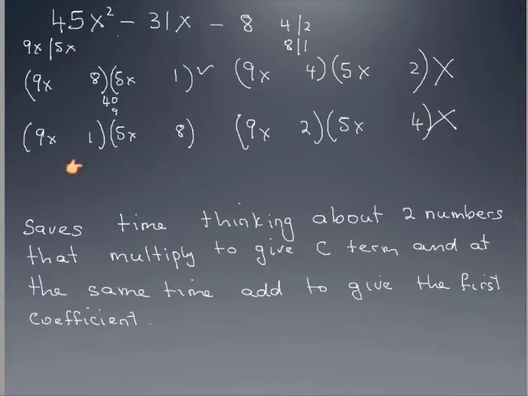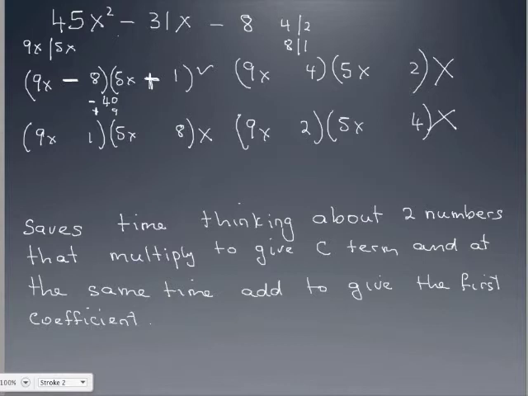I don't think I can possibly make 31 out of 5 and 72. So that doesn't look good. The first one looks really good. So how do I make a negative 31? By putting a minus here and a plus here. So this gets a plus, and this one gets a minus, and that's my answer.